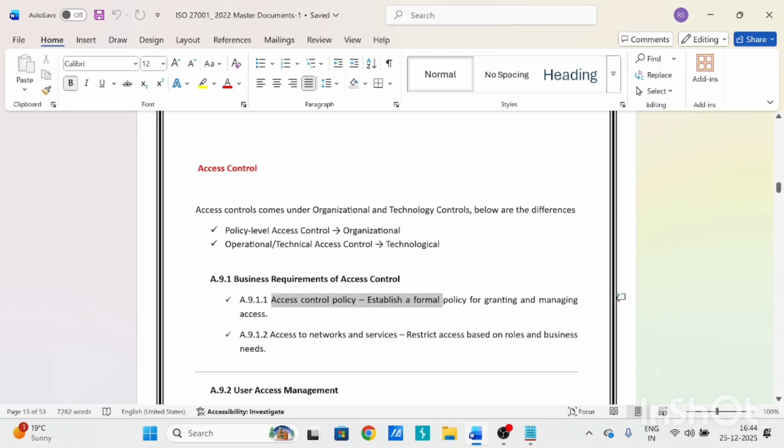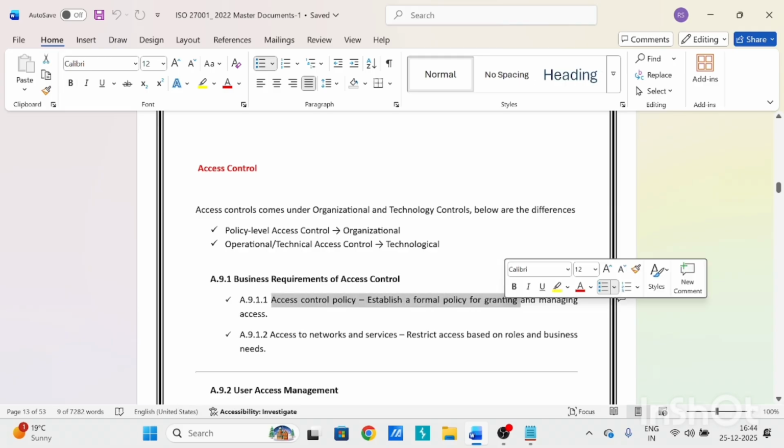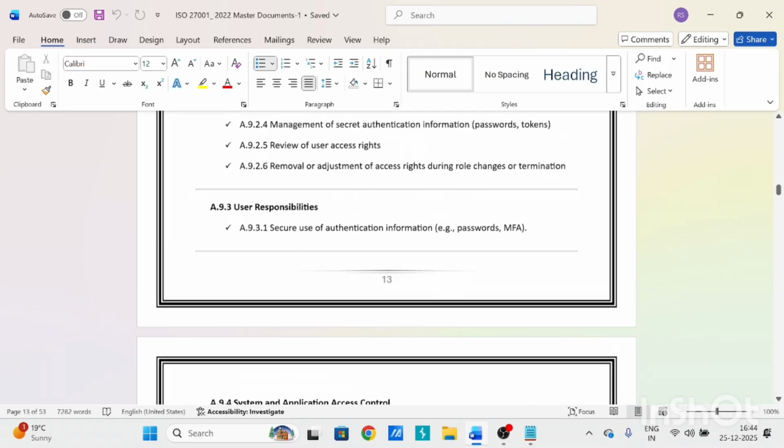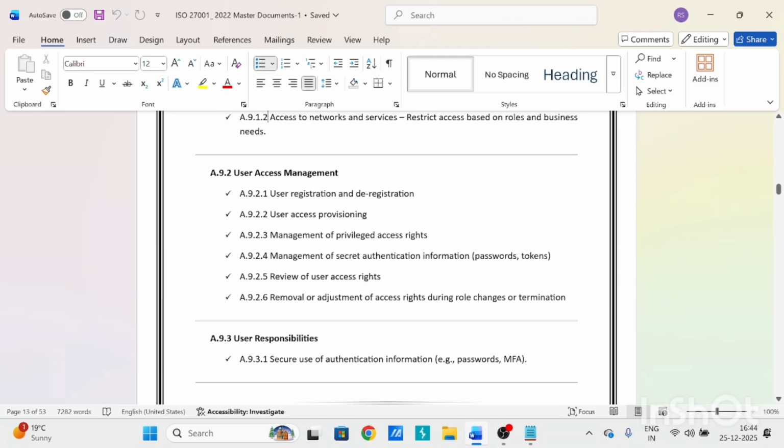So this is how access control policies work. Establish a formal policy for granting and managing access to networks and services, restricting access based on roles and business needs. Under user access management, you have user registration and deregistration, user access provisioning, management of privileged access rights, management of secret authentication information such as password tokens, review of user access rights, and removal or adjustment of access rights during role changes or terminations.